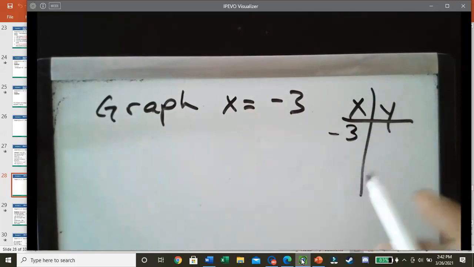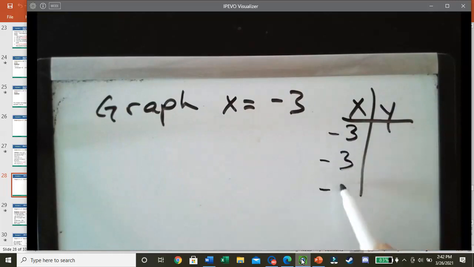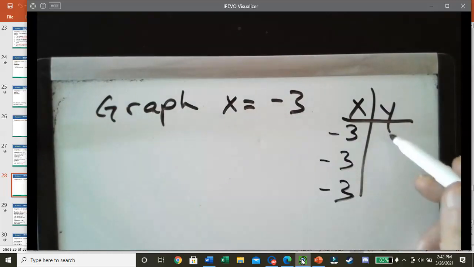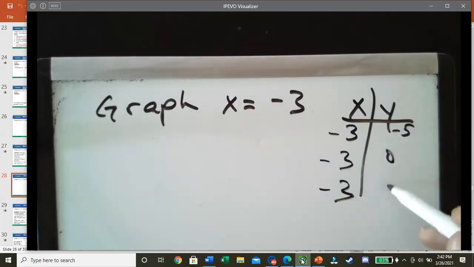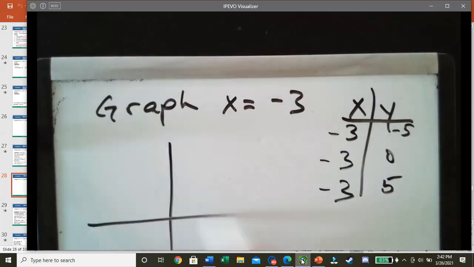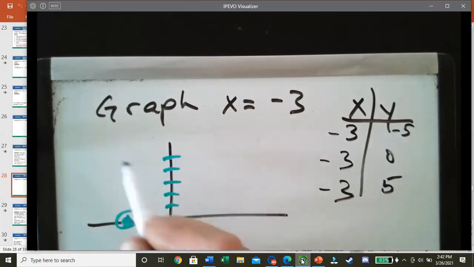X is going to be -3 forever. Y can be anything. We'll use -5 and +5 this time. So, if we graph it, x is -3, y is -5. And x is -3, y is +5.